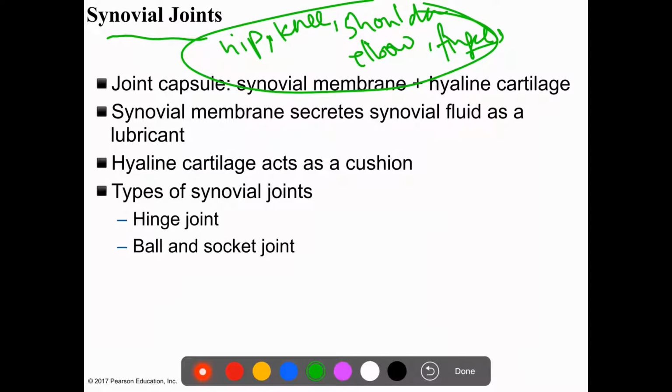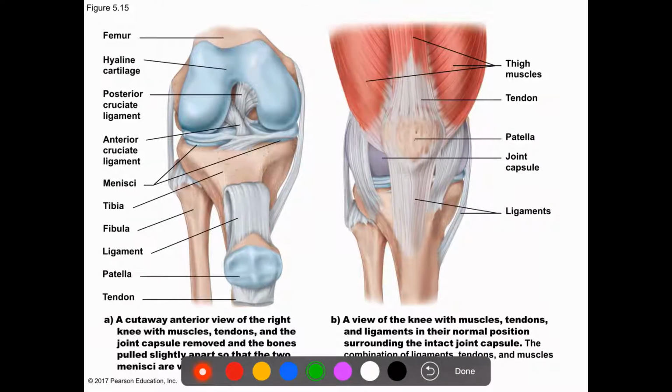All of these joints are a type of synovial joint, and there are main characteristics of these synovial joints. See, for example, this is the knee. If we want to see the main characteristics of a synovial joint, we have the joint capsule, which is here. So this is like a capsule. Within it, there is the synovial fluid, and it is made of a membrane.